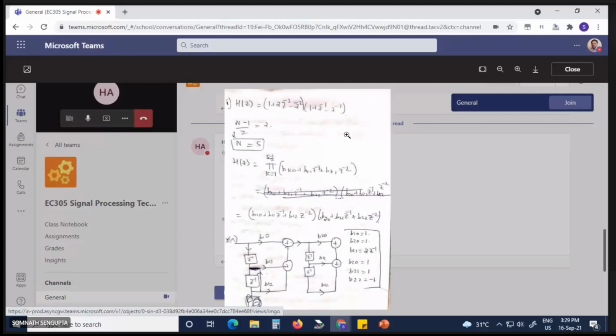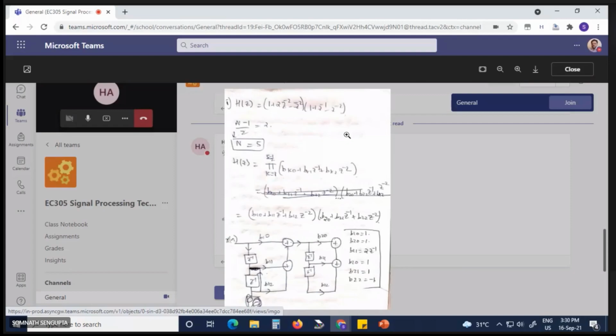So B11 is not 2z inverse, B11 will be only 2. Sir, actually z power minus 2 was there. No, z inverse is already there, through B21 z inverse. So in the coefficients you only have to write the constant coefficients.